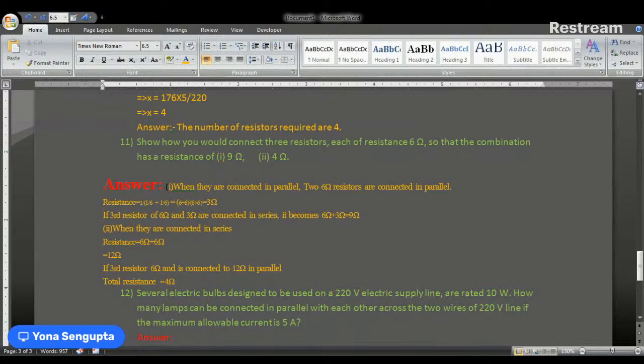Okay, so this gives us 3 ohm. Now the third resistor is there, so this is the total answer.